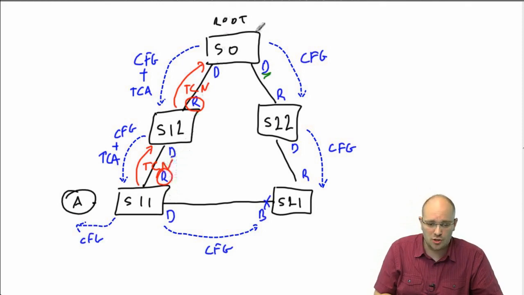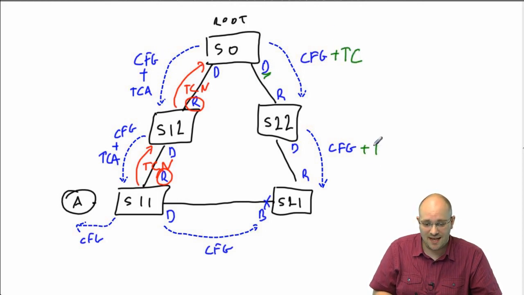But instead of just sending a simple configuration BPDU, it is going to send, let me just use a different color here, the TC bit set on these configuration BPDUs. So here as well, and here as well.